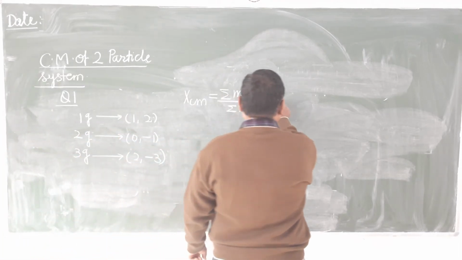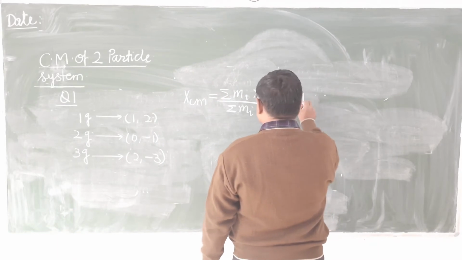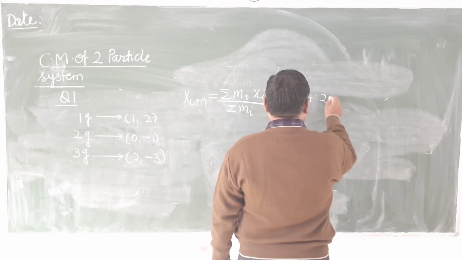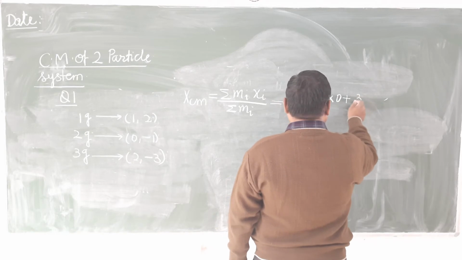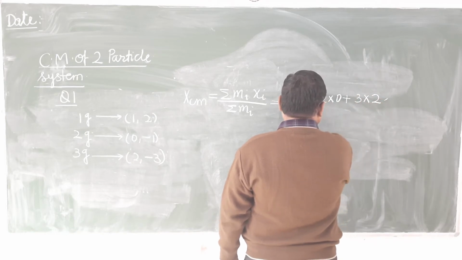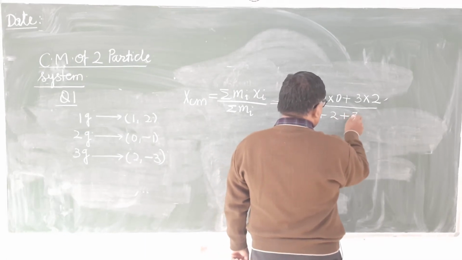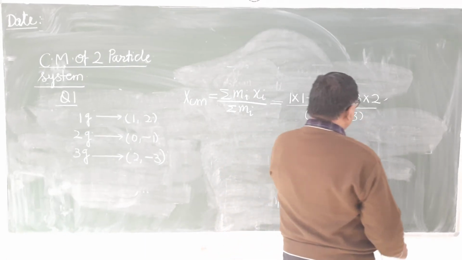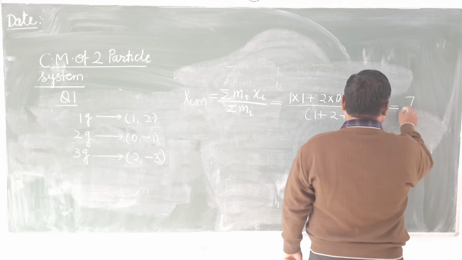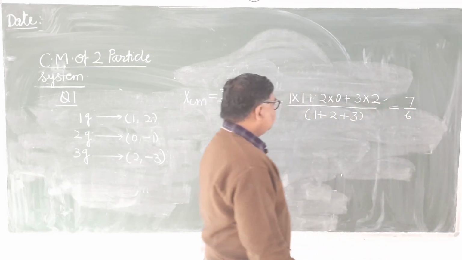So this is equals to 7 upon 6. It's clear?